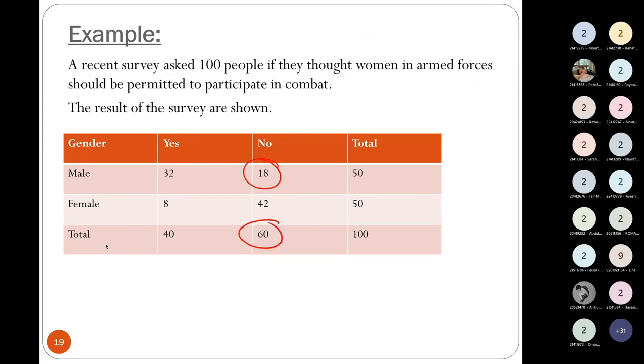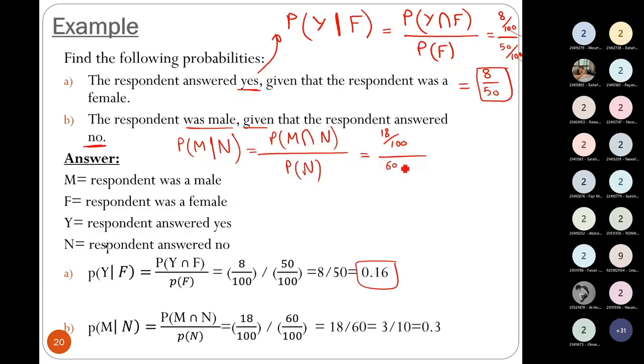How many answered no? 60, so 60 over 100. Remove 100, so we have 18 over 60, which equals 9 over 30.